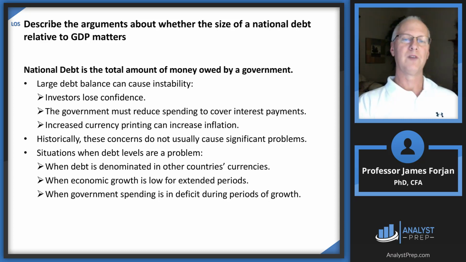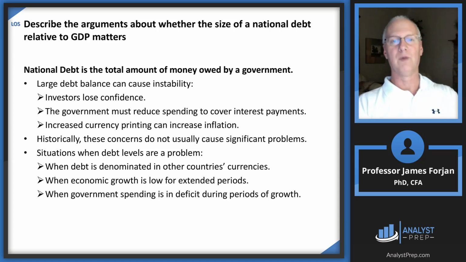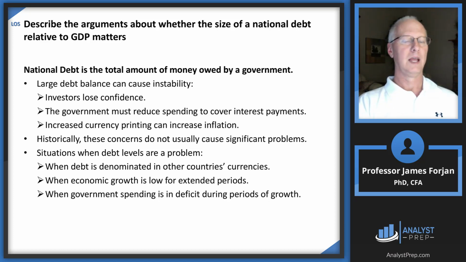And so in response to that, governments must either reduce spending, right? And they've got to cover these interest payments. And so there's another reason why interest rates have been low over the last 20 years, so that interest expense for the federal government is not too high. Yeah, here's a big concern. Increased currency printing. I mean, this is going to cause inflation. There's no doubt about it.